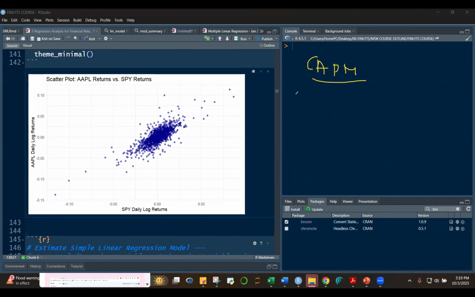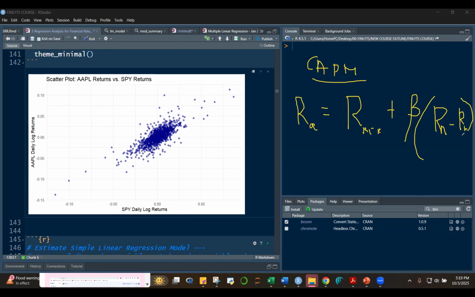And I hope you remember that your CAPM is used for valuation, and the return of the asset is equal to the return of your risk-free rate plus your beta, okay? Beta times your return of the market minus return of the risk-free rate. Okay. So take a look at this.